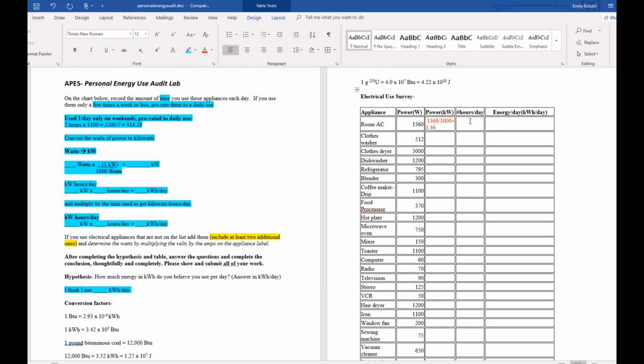Then, how many hours a day do we use our AC? Let's say we use it 5 at this time of the year. Okay? So then if we want to do our energy per day, we'll do 1.36 times 5 equals... let me get my calculator.